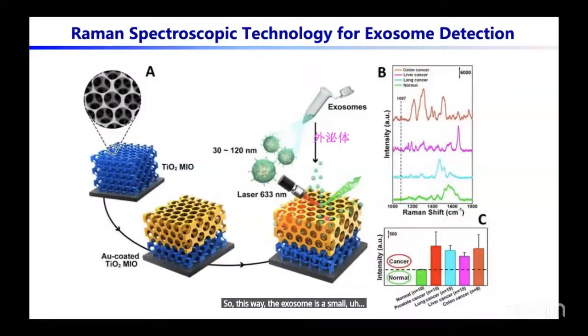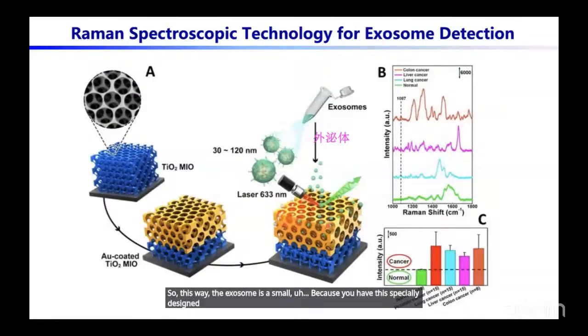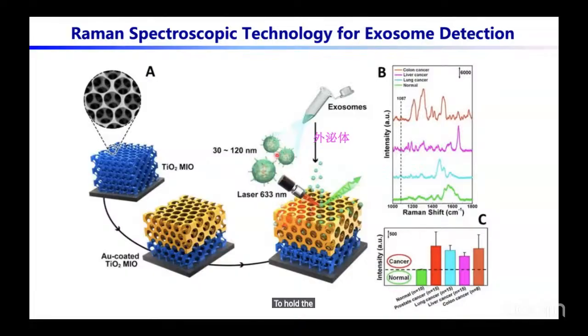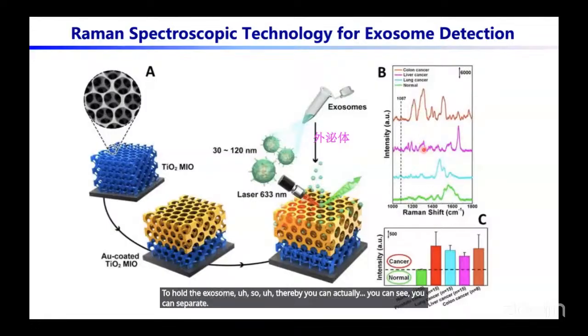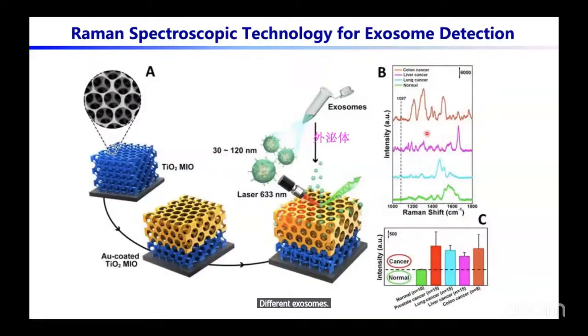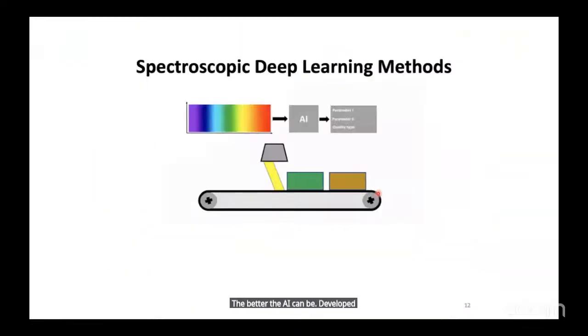Because you have this specially designed three-dimensional unit to hold the exosome, you can separate different exosomes more clearly to generate cleaner, high quality, more precise data. The higher the quality of the data, the better the AI can be developed for these purposes.